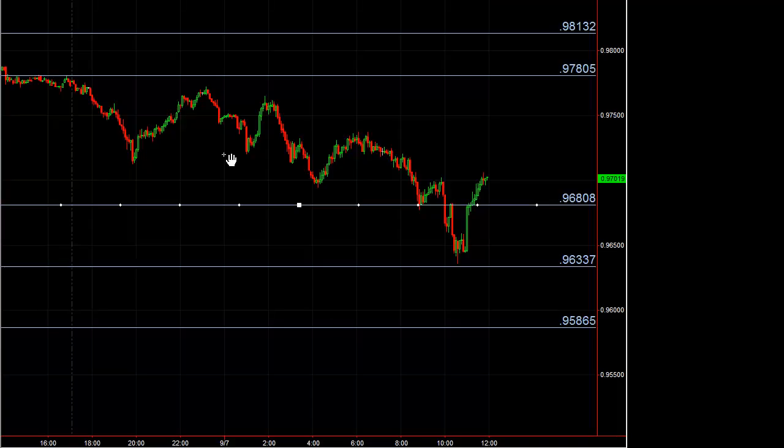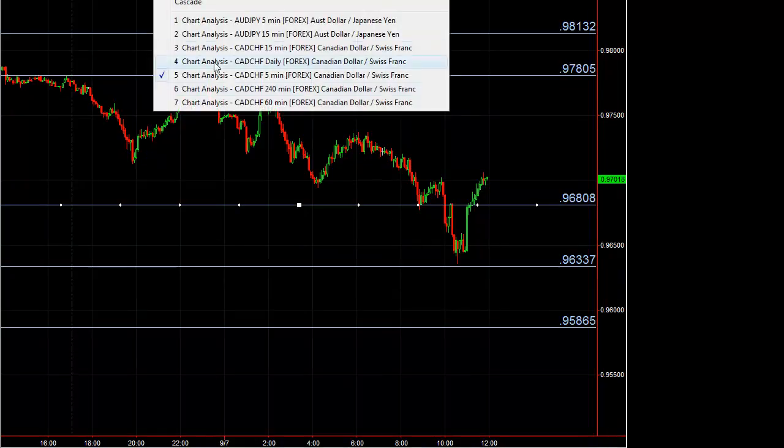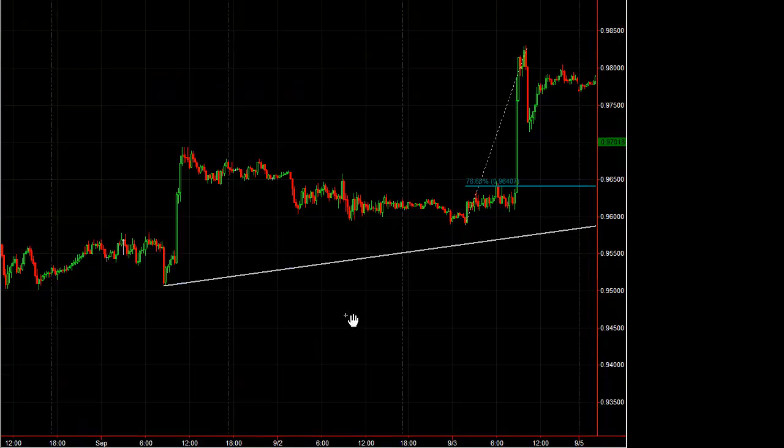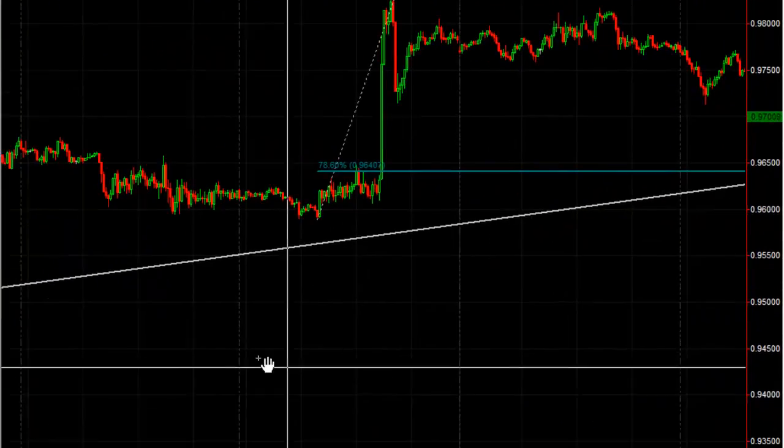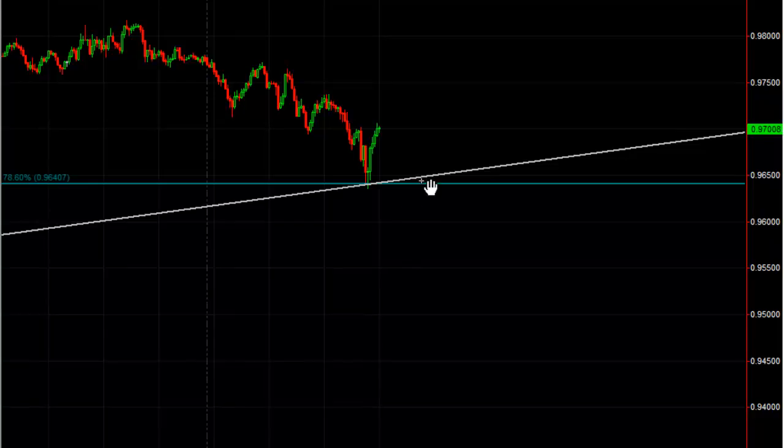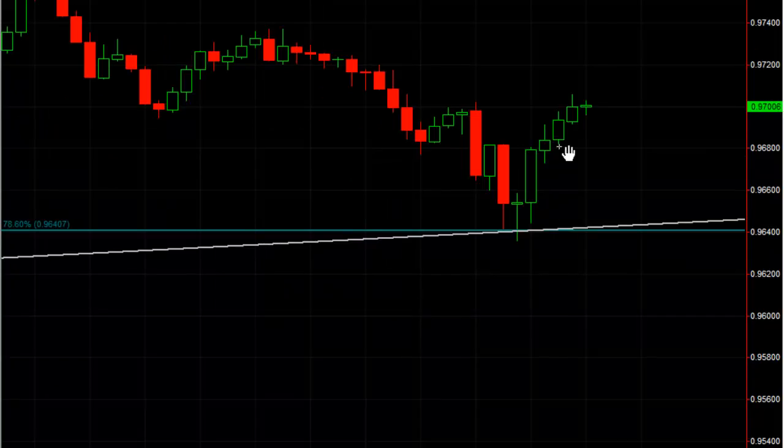So we looked at the CAD CHF 5-minute chart. It did not give us much of a chart pattern or a candlestick pattern. We then looked at the 15-minute CAD CHF chart, which provided us with a morning star reversal formation, right here.